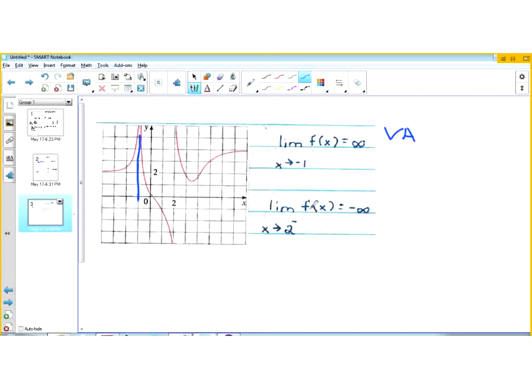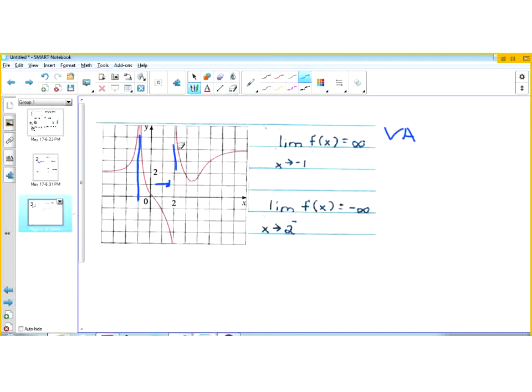The limit as x approaches 2 from the left in this case. That means x is approaching 2 from numbers less than 2. And it appears that the output would shoot up toward infinity, right? Or is that the case?